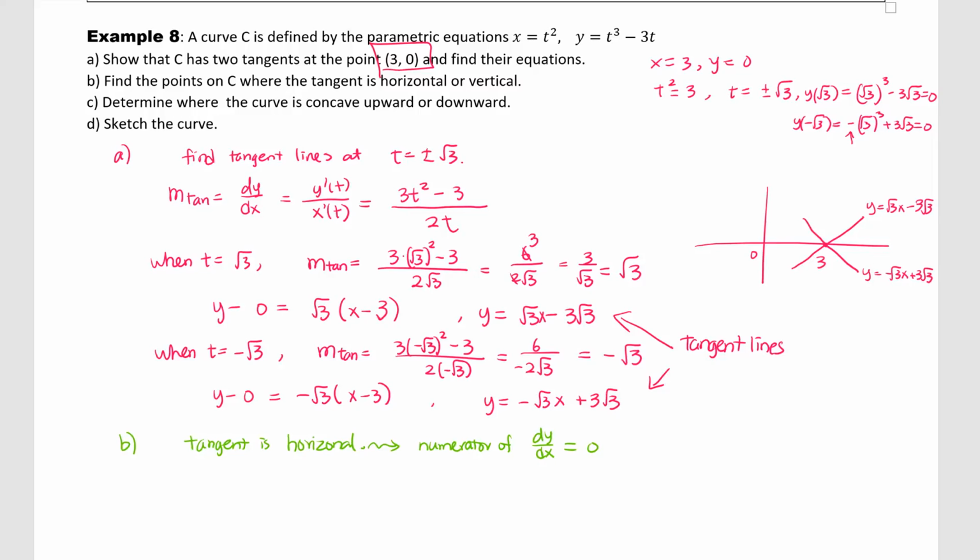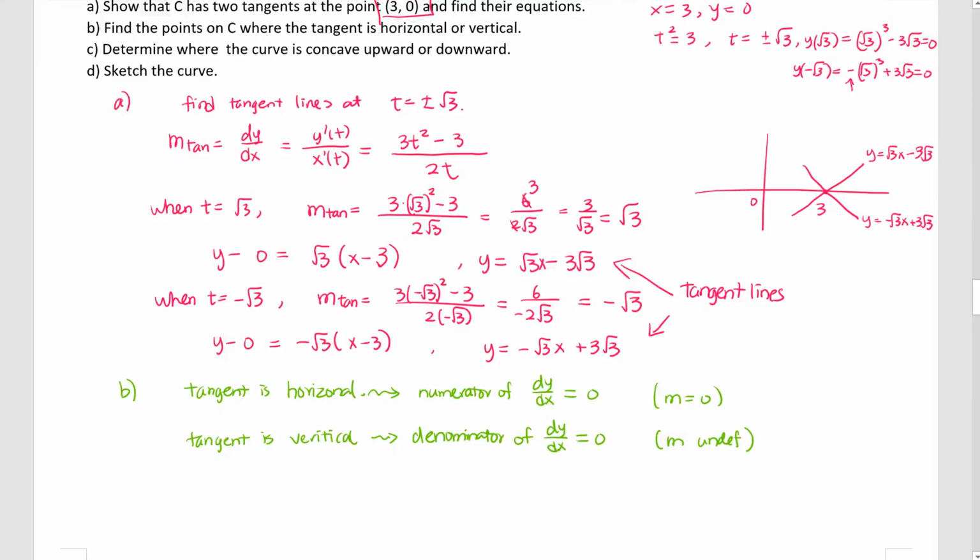So our slope is 0. What happens if the tangent is vertical? Here the denominator, if the derivative is like a fraction, the denominator is 0. That means our slope is undefined.